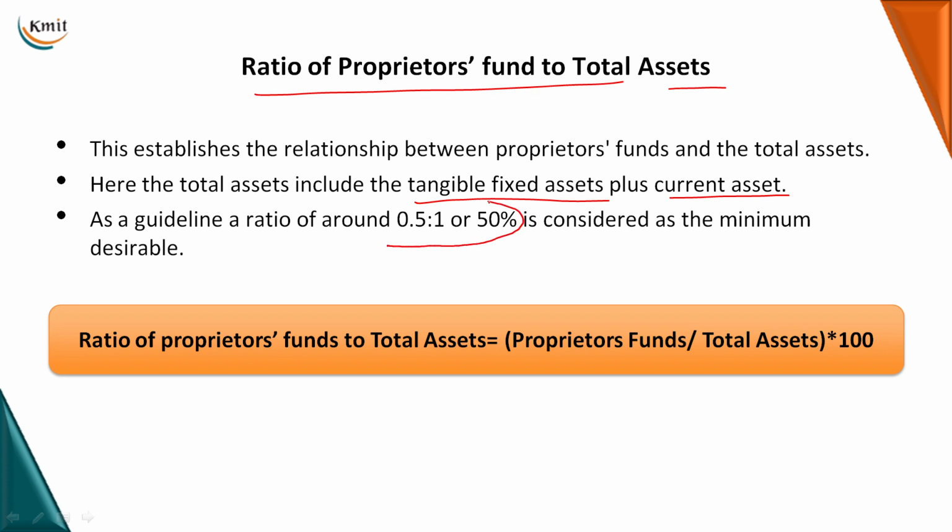The standard ratio of proprietors funds to total assets should be 0.5:1, or 50%, considered as the minimum desirable standard that has to be maintained. It is calculated using the formula: proprietors funds divided by total assets into 100.